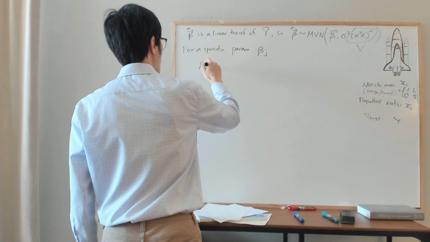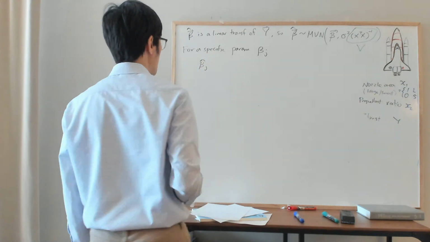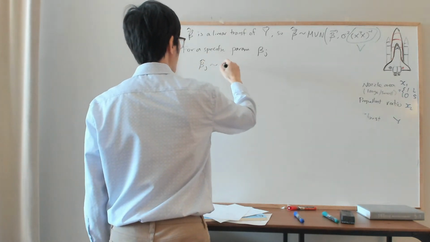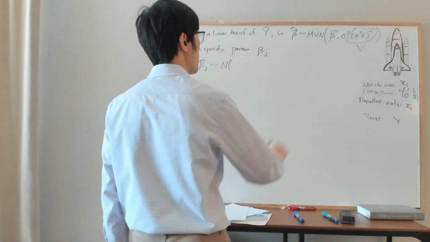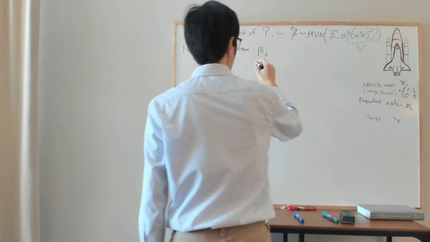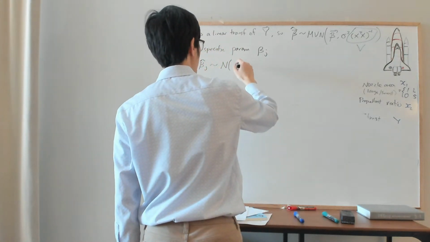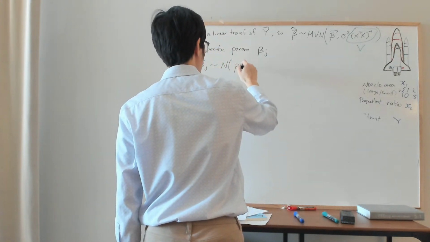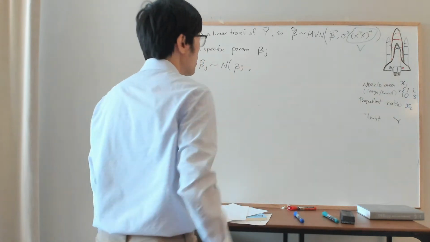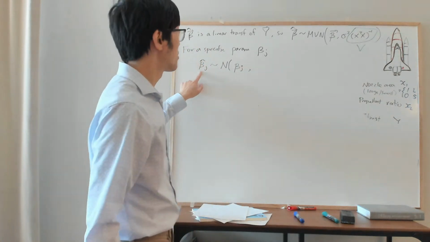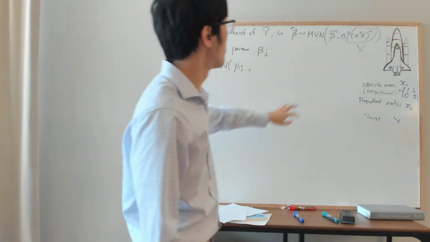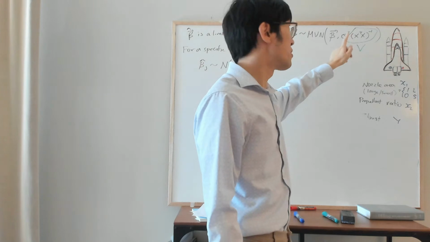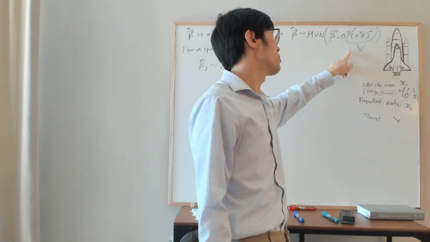So beta j hat would have a normal distribution. We would have the jth entry of the mean vector, so it's beta j. And then, as we said, the variance of beta j hat would come from the jth entry of the diagonal of this matrix.